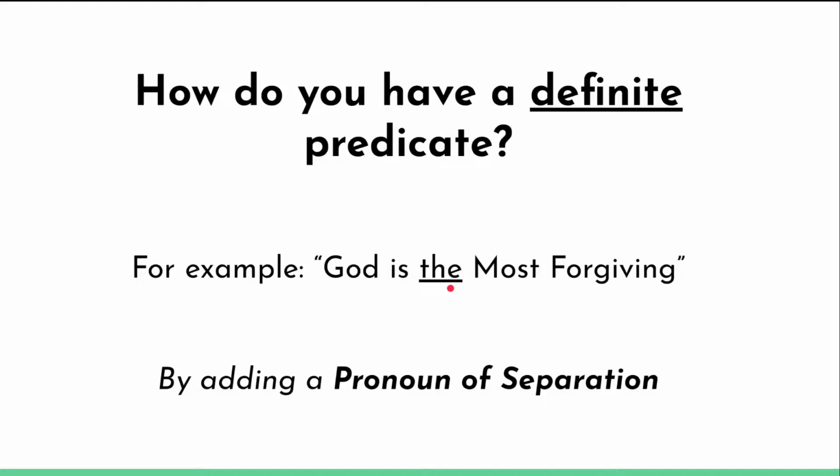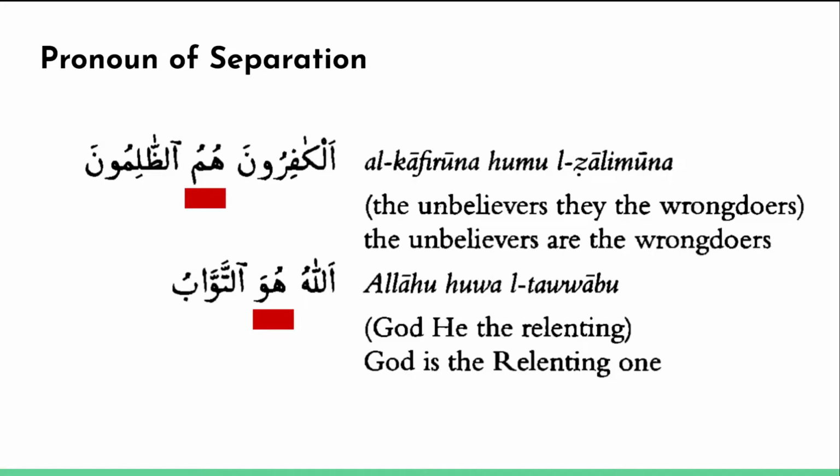It turns out that you do that by adding a pronoun of separation. Let's take a look at an example. What you do here is you say al-kafiruna humul zalimun. This is a very common structure that appears in the Quran. So let's break it down. What I have here is al-kafirun, that's the subject. You'll notice that it's definite. Al-kafiruna, the unbelievers.